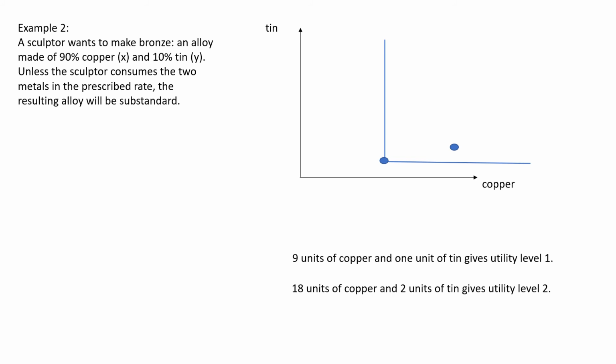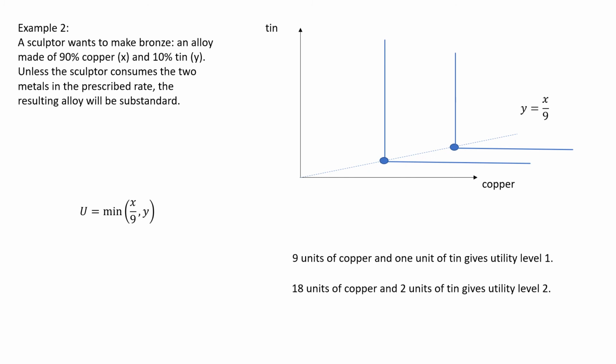Now you can see that the elbows are along a line with a slope of 1/9. So, in this case, the minimum function can be written as u equals the minimum of x over 9 or y. That is, y equals x over 9 is going to give you this line connecting the elbows.